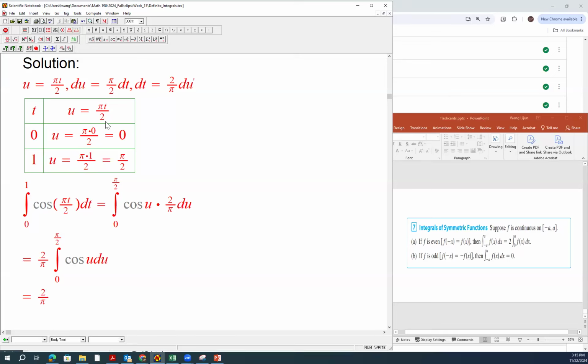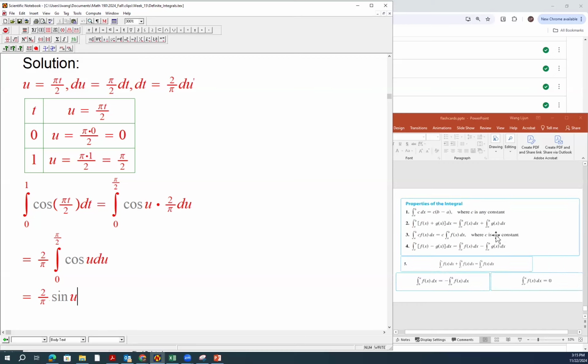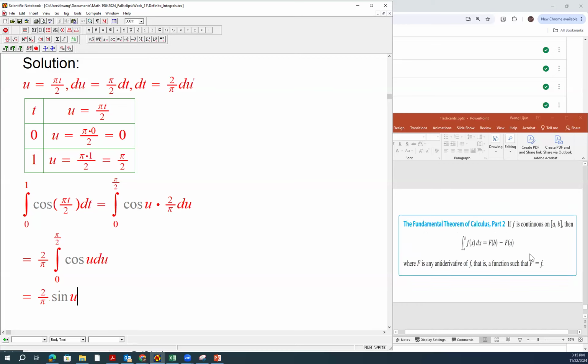But we're going to apply the fundamental theorem of calculus part 2, so we're going to express it this way: a bar, with lower limit 0 and upper limit pi over 2.